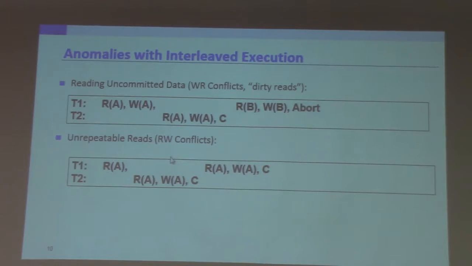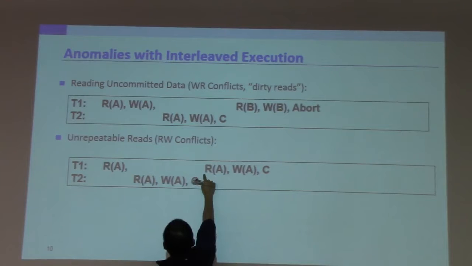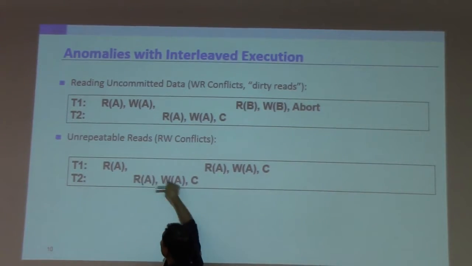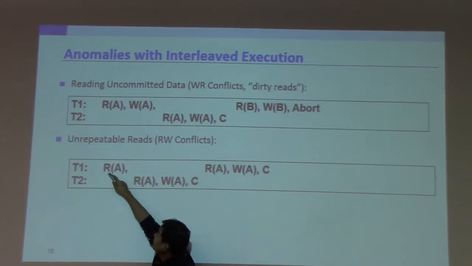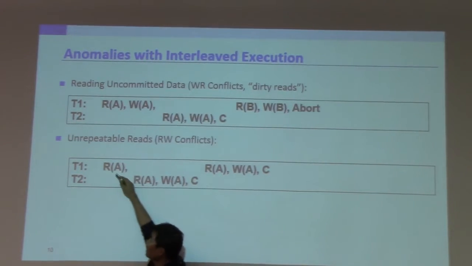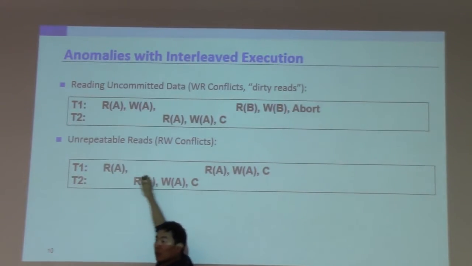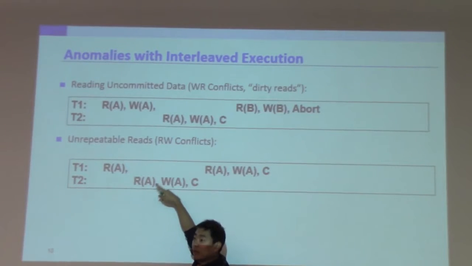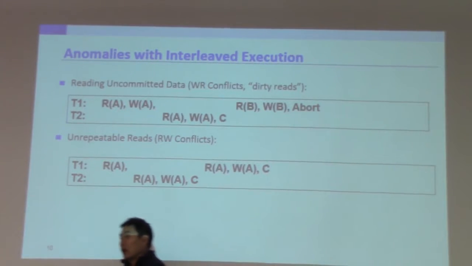What's wrong with RW conflict? Meaning, like this. This is the RW conflict. You read the value A, somebody then writes the value A. So one transaction reads an object A, then another transaction comes back and writes the value of A for the object.